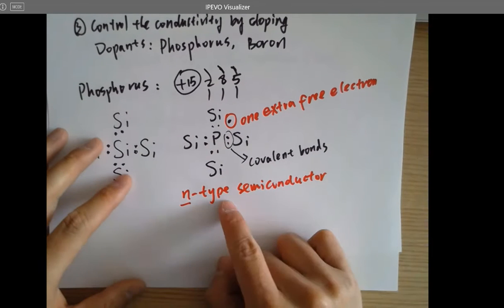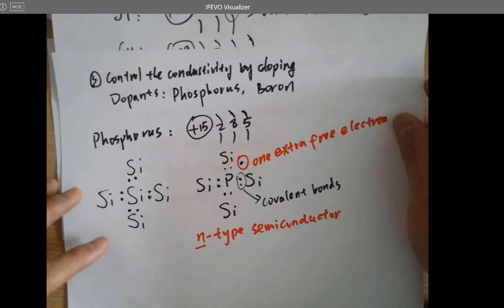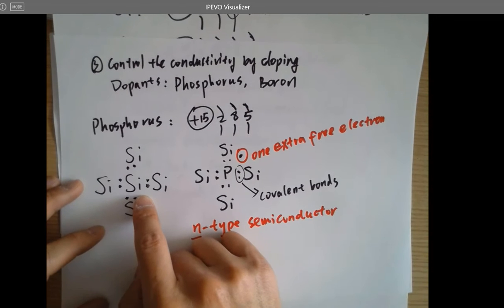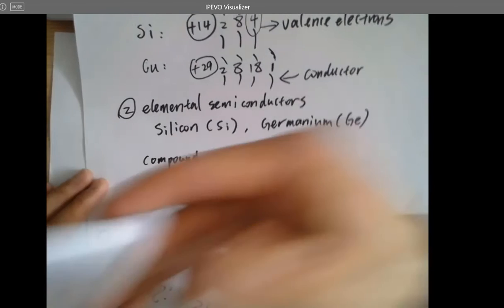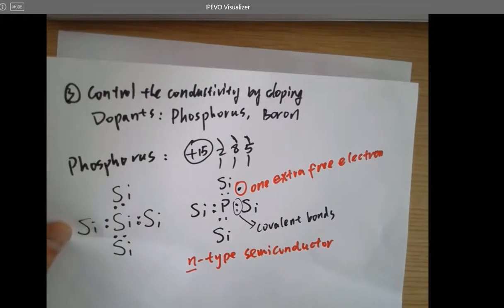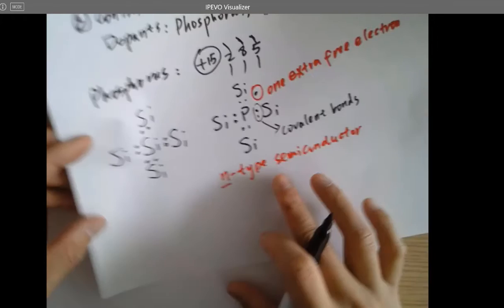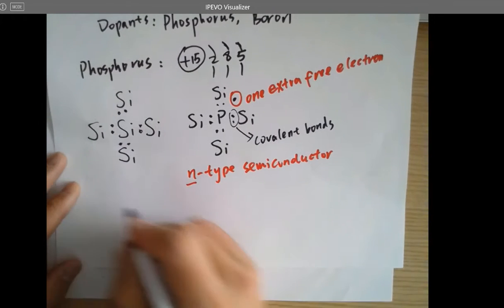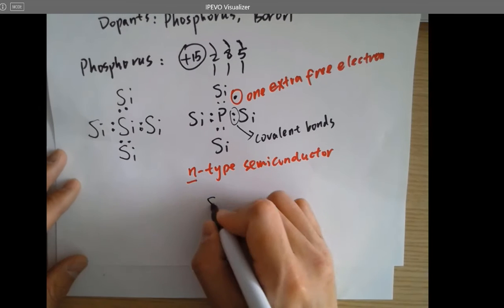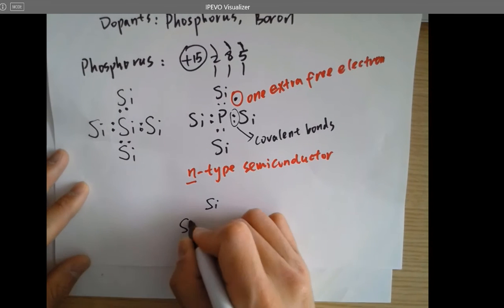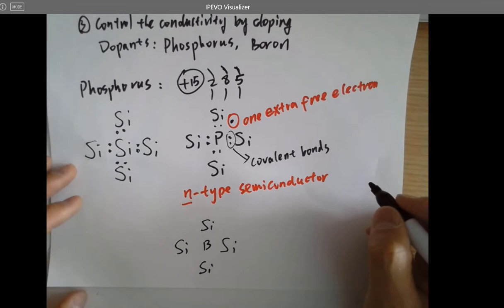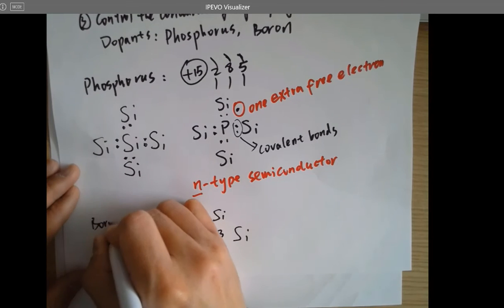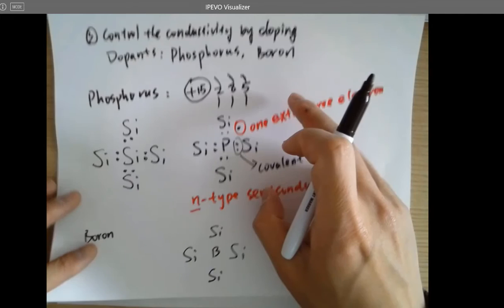It's an N-type semiconductor. And if we dope pure silicon with boron, something different will happen. Boron in the middle, and boron has 5 protons.